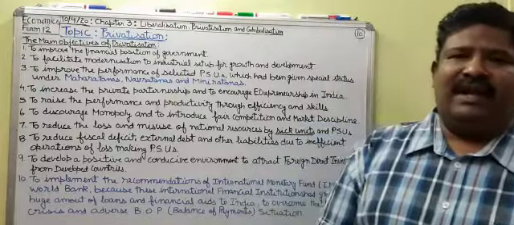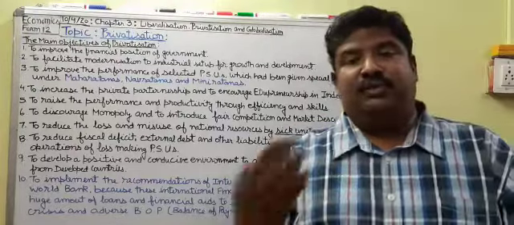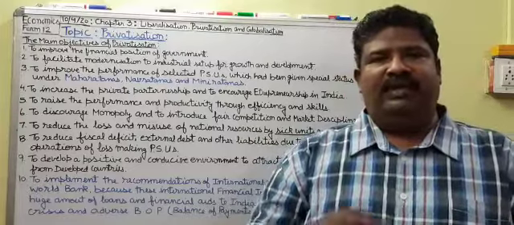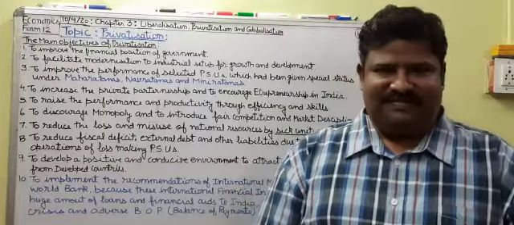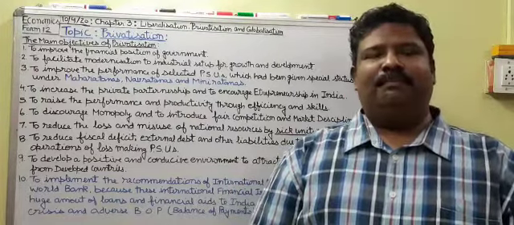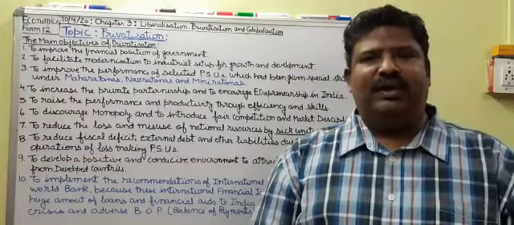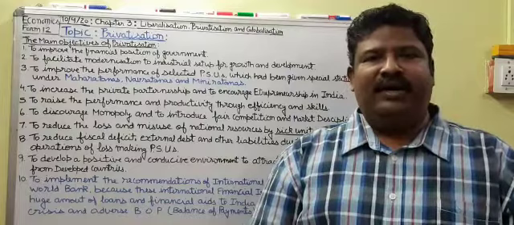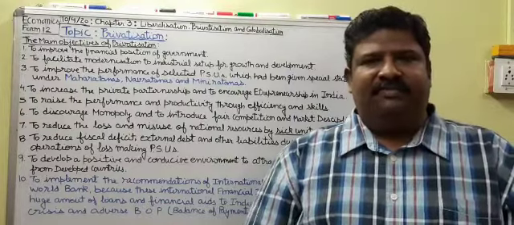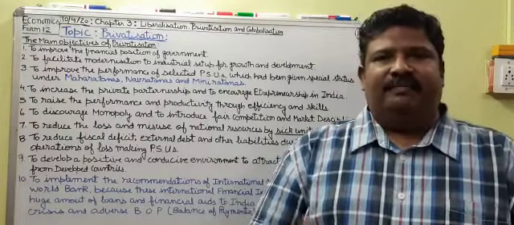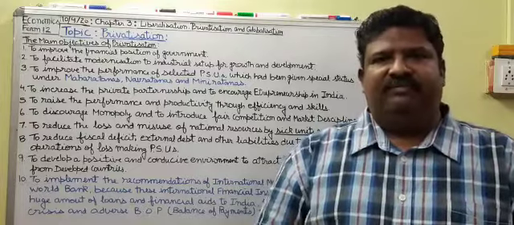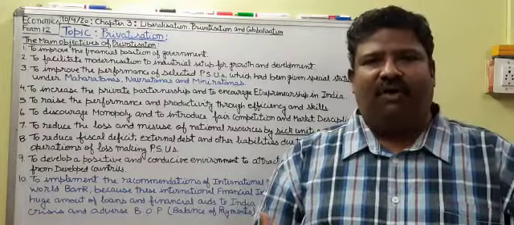See, it was not that all the PSUs would be given into private hands. There were some public sector undertakings from which we could expect good results, and they were basically the cash cows and the star performers.